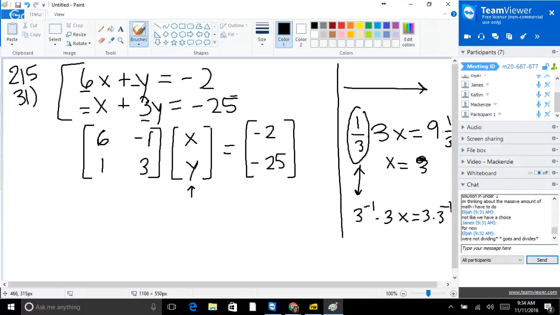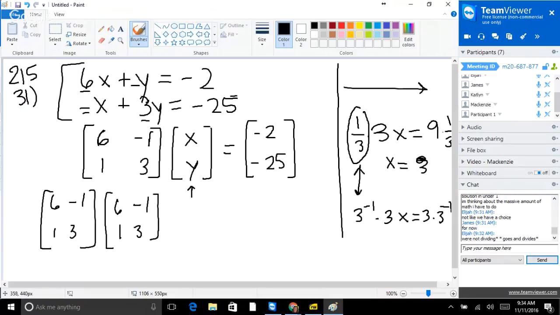So we're going to do 6, -1, 1, 3, and then multiply it by the inverse, which we haven't even calculated yet, right? It's that -1 times xy.